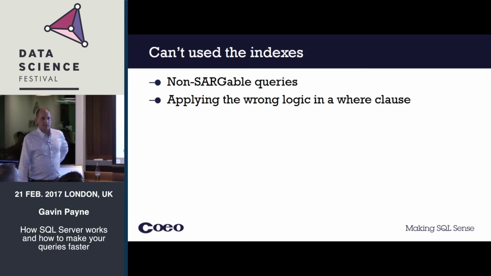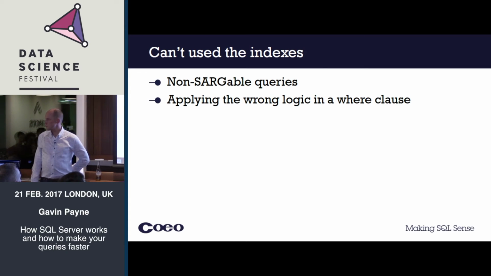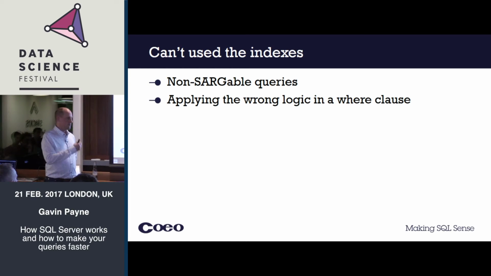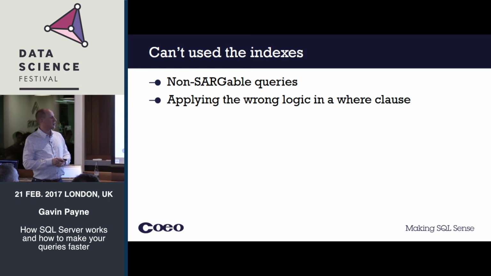So we might have indexes there, but SQL Server can't use them. And this is where we move into what's known as non-sargable queries, or non-search-argument-able queries. What we're actually doing is asking SQL Server to do something with that index that it can't operationally perform as nice optimized code.